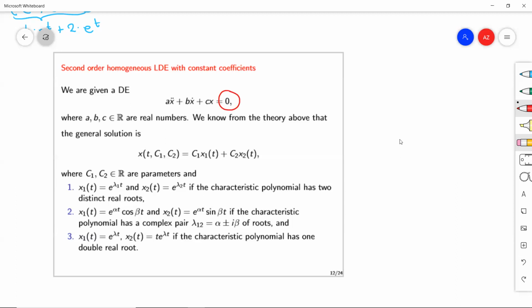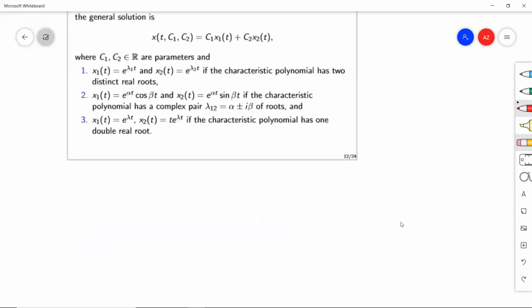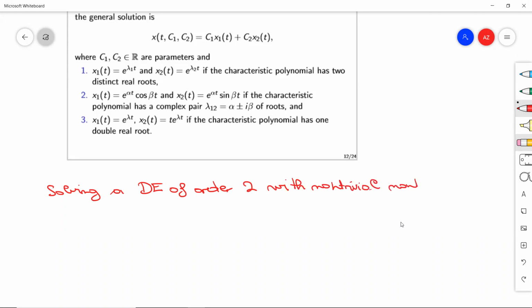So how to solve a second order differential equation with a non-trivial non-homogeneous part.